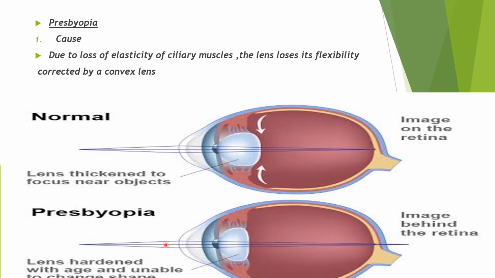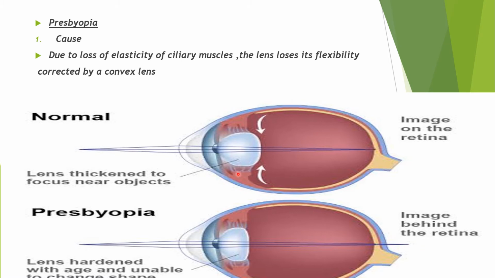So this is the diagram of a presbyopic eye where the lens has hardened and it cannot focus. It cannot change its shape or change its focal length to accommodate the focal length of the object. So as a result, the rays converge behind the retina.